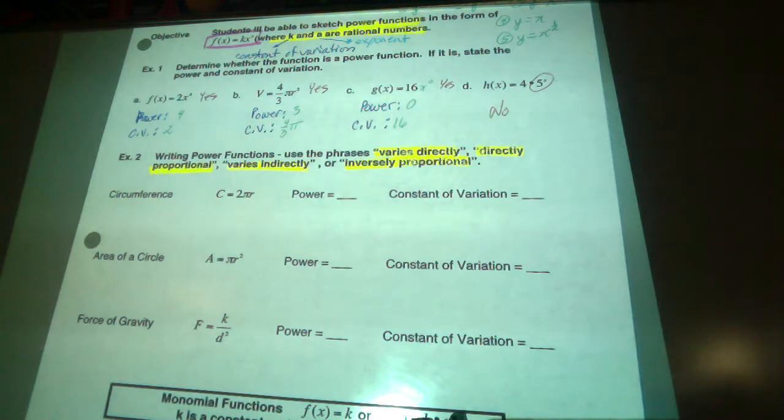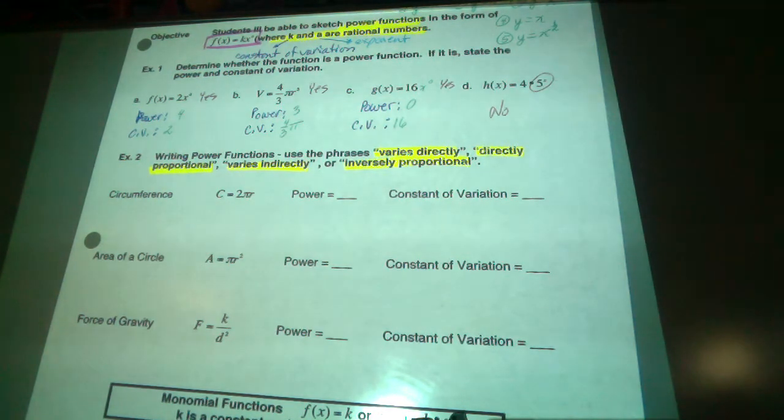So you're going to be looking for those words to tell you that you have a power function. And those words separate the constant of variation from the power itself. If you remember, the definition of a power is really a base with an exponent. The exponent is what we're calling the power of that function.